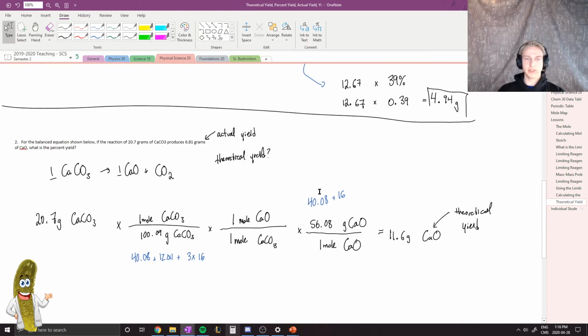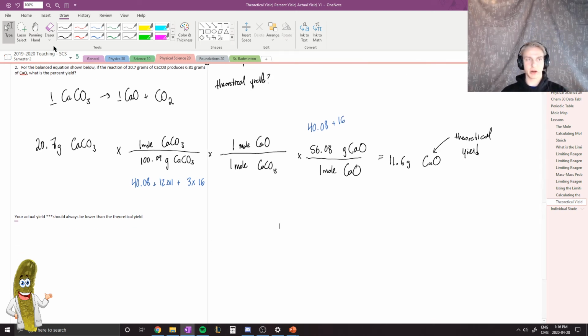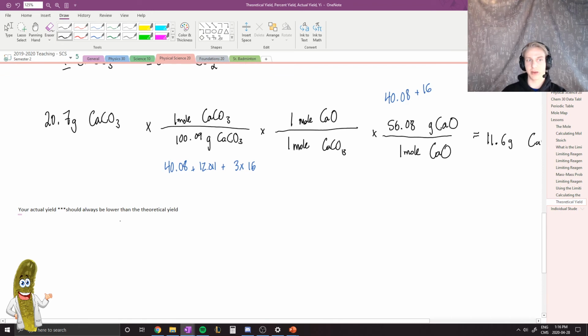What you'll notice, and you should always notice this, is your actual yield should always be lower than the theoretical yield. If it's not, then like the story I was telling yesterday, the experimenter cheated and they probably threw some extra chemicals in there and they're lying to you.